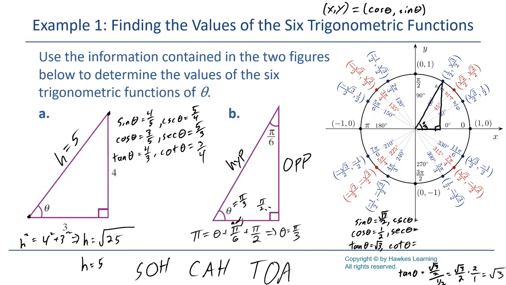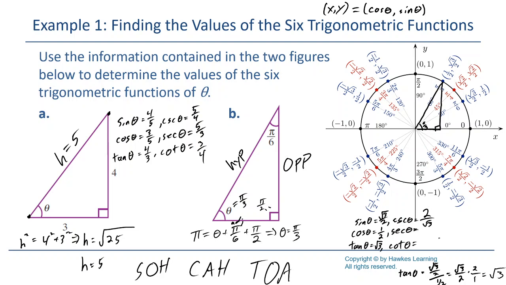When we did sine of theta, we got that it was square root of 3 over 2 from the unit circle. But when I flip it over, because cosecant is 1 over sine of theta, which means just swapping the numerator and denominator, that leaves me 2 over the square root of 3.